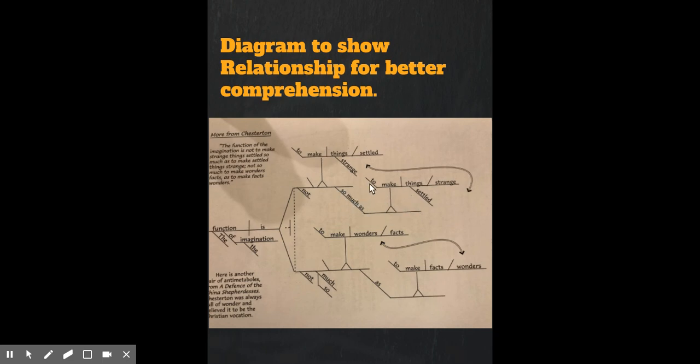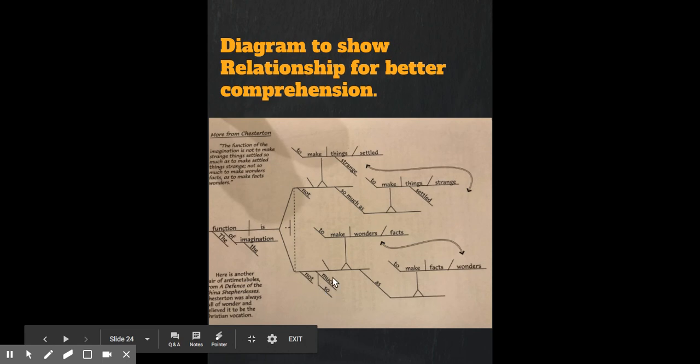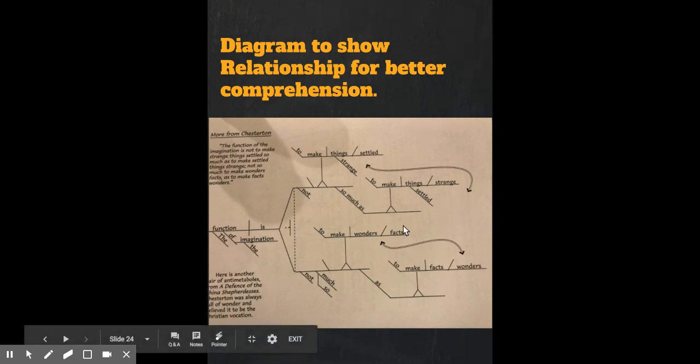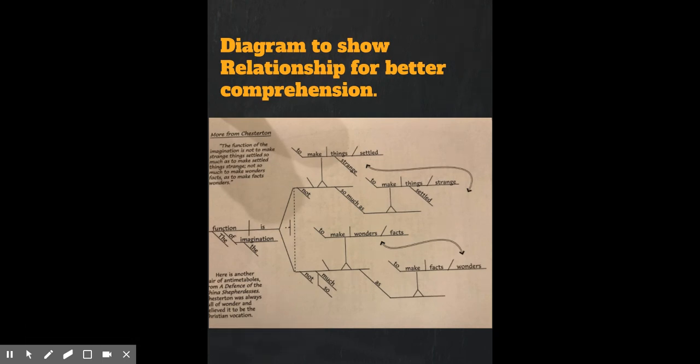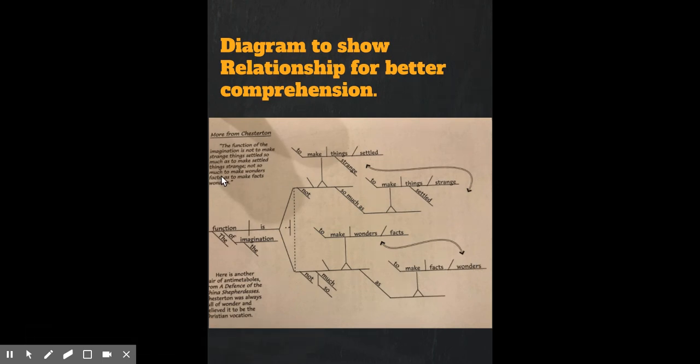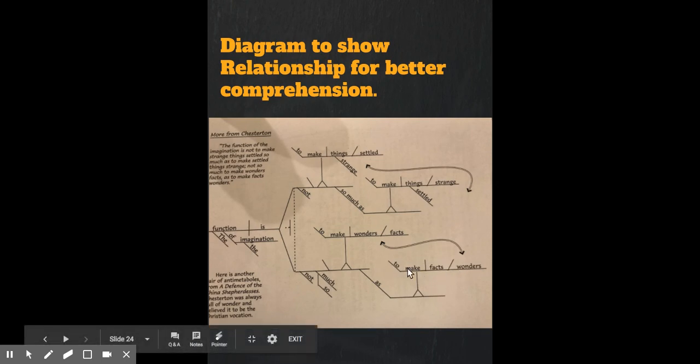And then your object is this one. Okay? Then you have some more modifiers. So is modifying much in the second sentence. And to make wonders facts. And as to make facts wonders. So in this part, we've added the second modifier to modifying the subject complement.